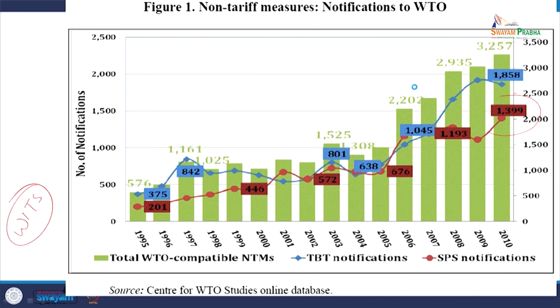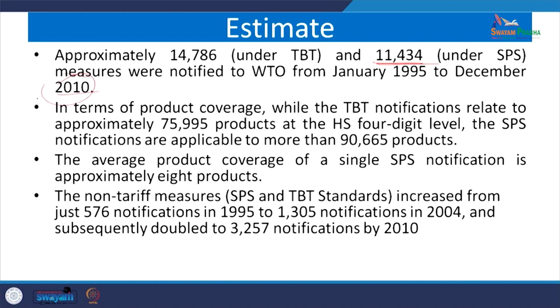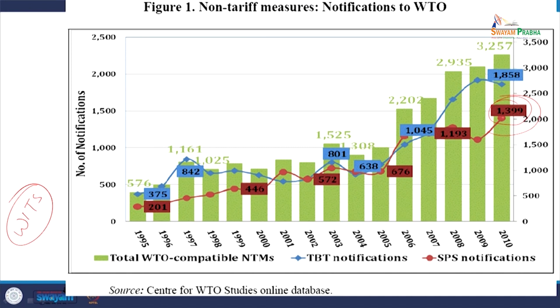Till 2010, the SPS notifications are 11,434, whereas the total till 2014 is higher, but in only one year, 2010, it is 1399.